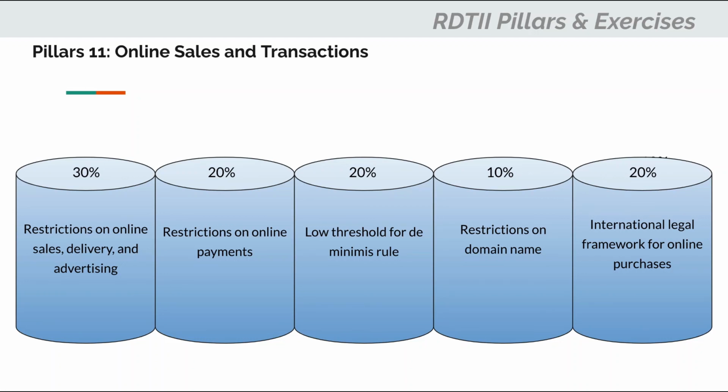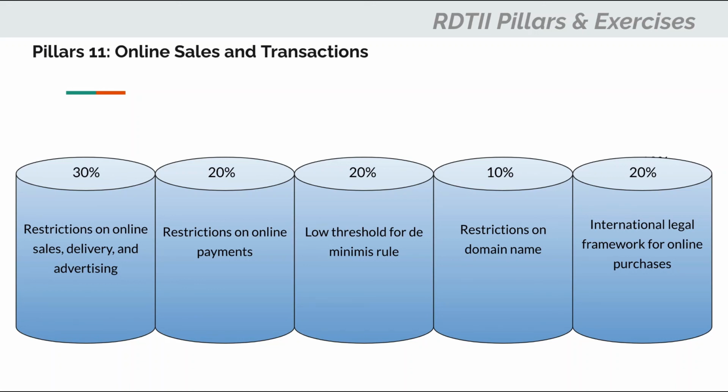The second subpillar, restrictions on online payments, is given a lesser weight as the restrictions do not necessarily block sales or promotion of goods, but make cross-border payments in electronic commerce cumbersome. The third subpillar is also given 20% because the lack of de minimis rule does not block flows of goods, but tends to increase the prices of imports.